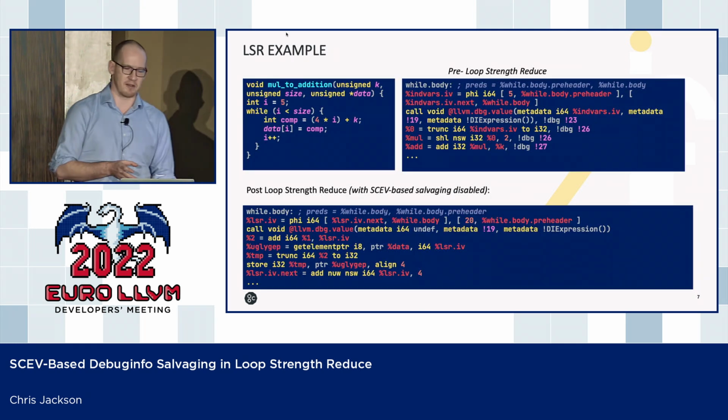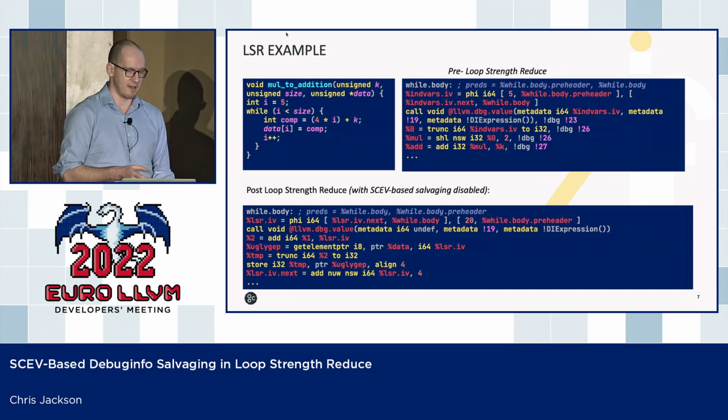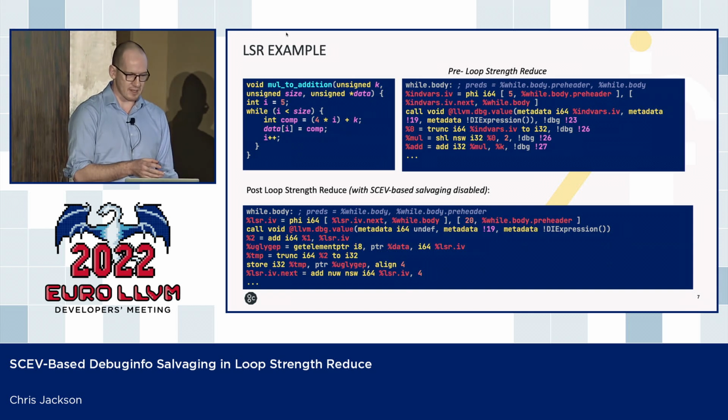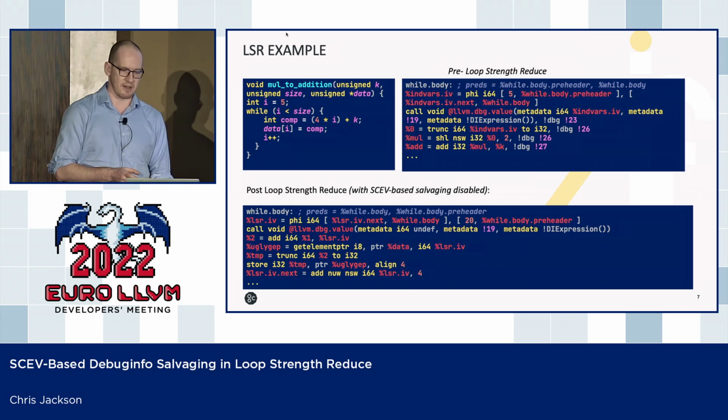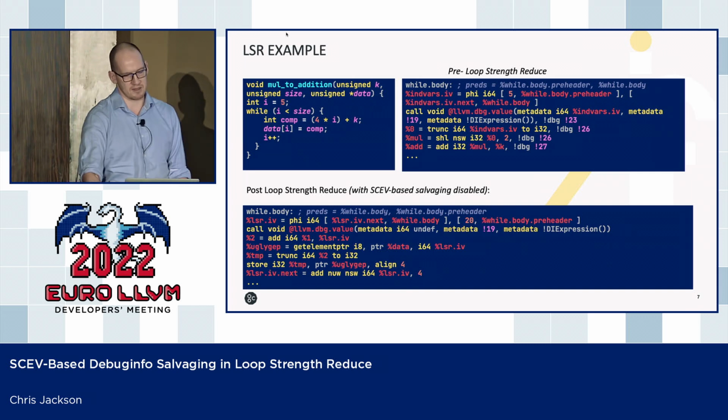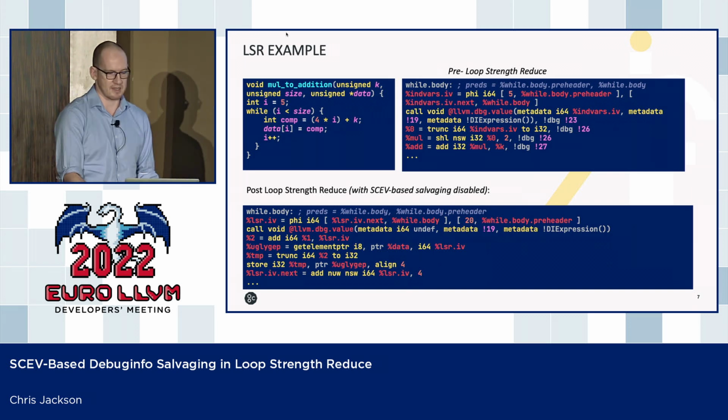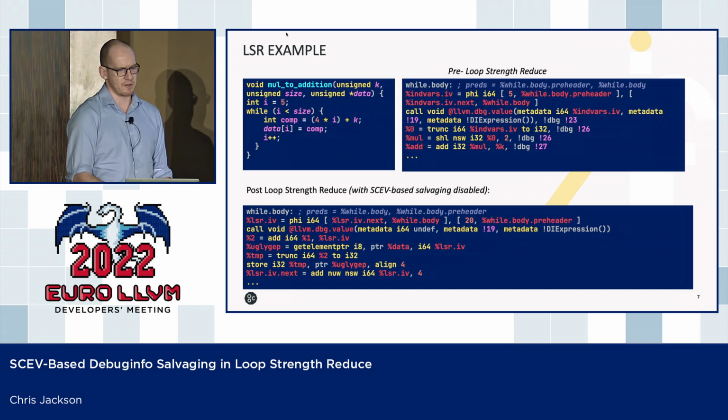So a very quick look at an example of LSR operating on a simple loop. There's a pre and post LSR IR, and I've stripped down the IR a little bit for readability and just to demonstrate this example. The source variable I maps to the SSA variable invars.iv.